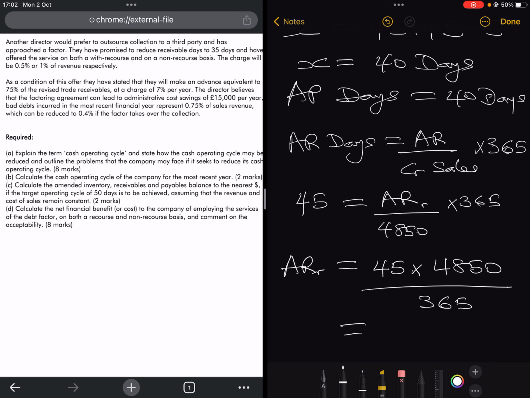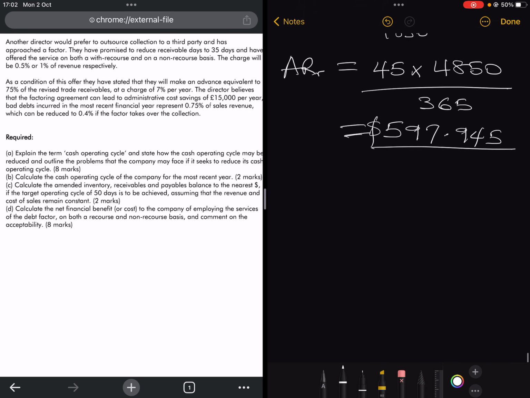If you press the calculator for that, 45 times 4,850 divided by 365, the revised account receivable balance will be $597.945. Remember to always put your currency.